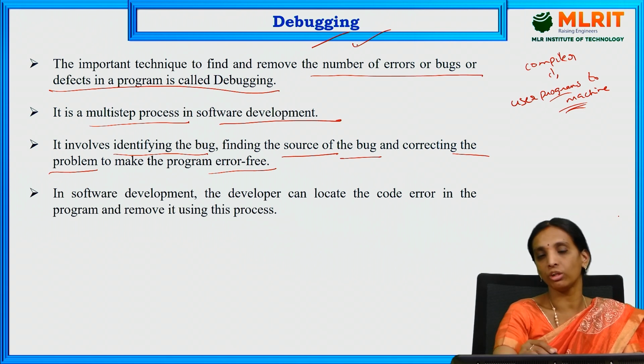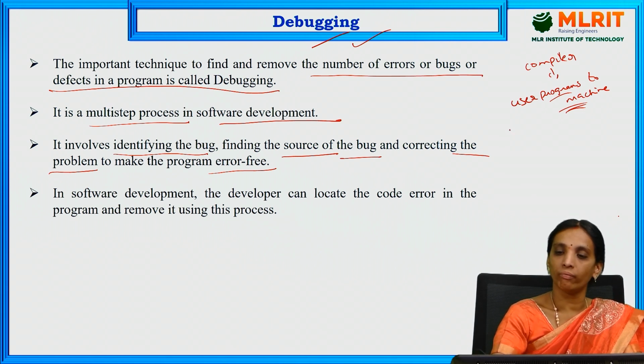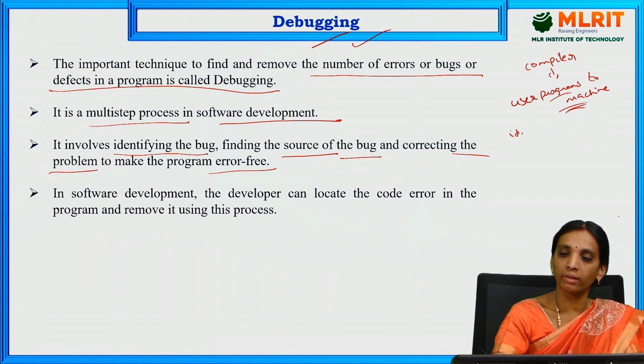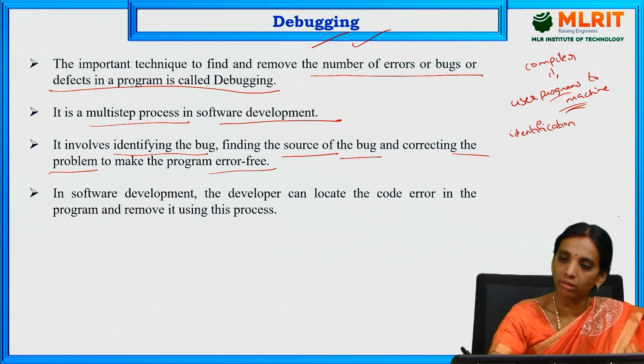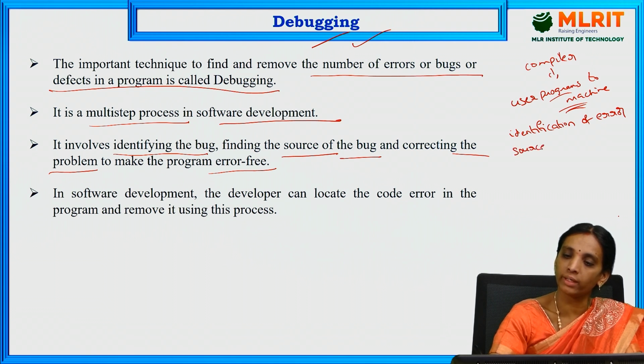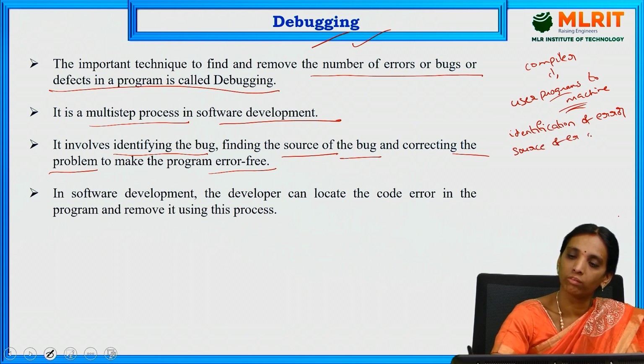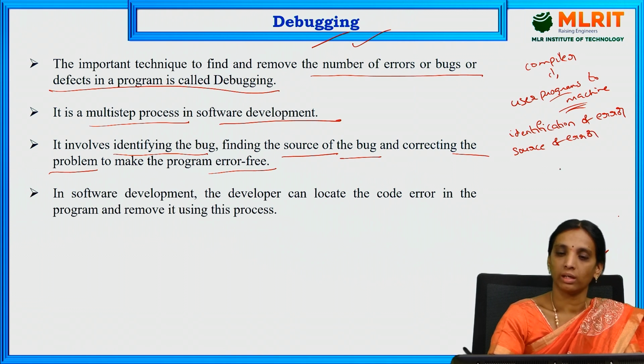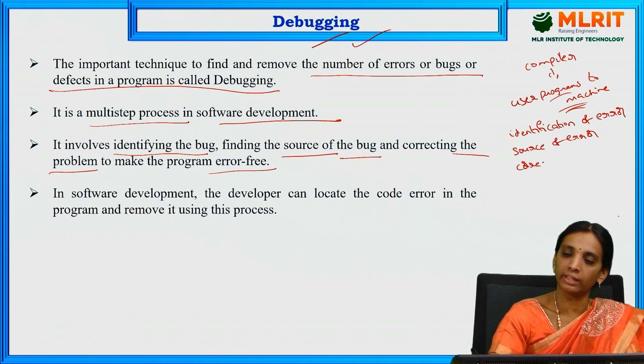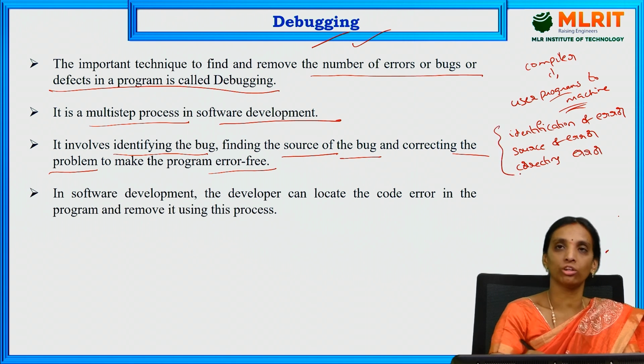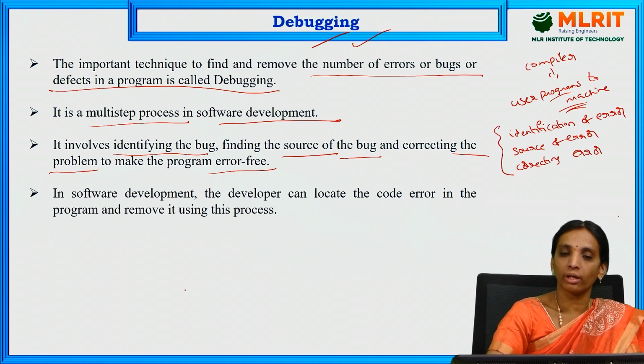Therefore we use the debugger for first identifying the error, finding the source of that error, and correcting that error. These are all the functions done by the debugger.